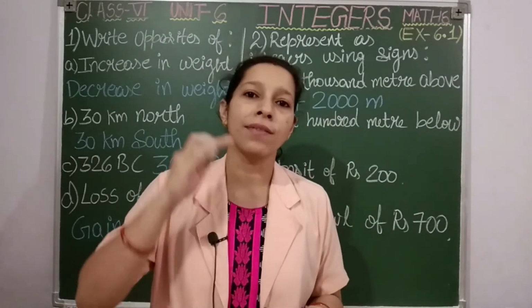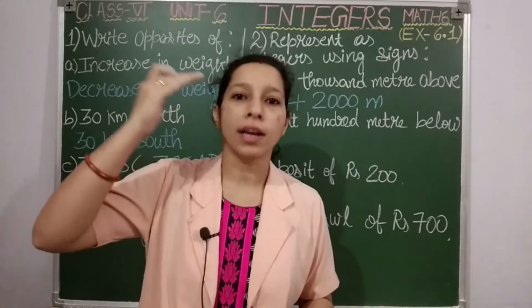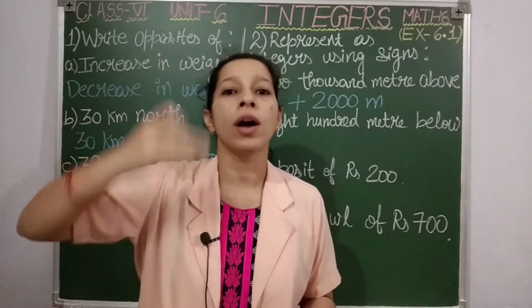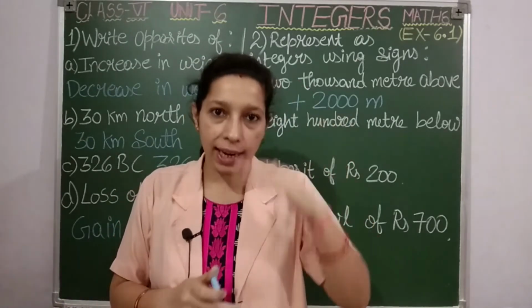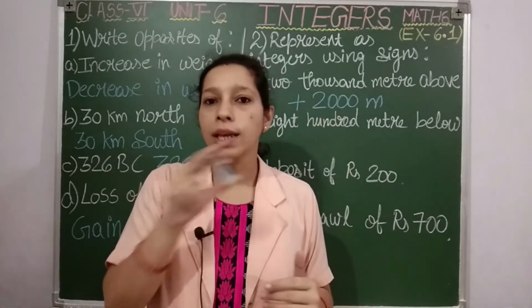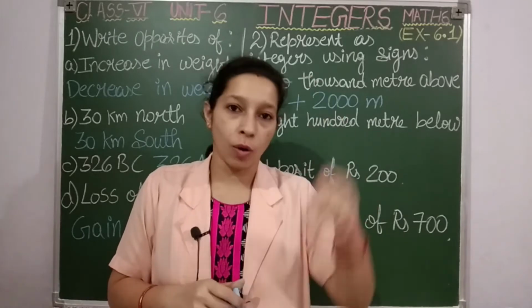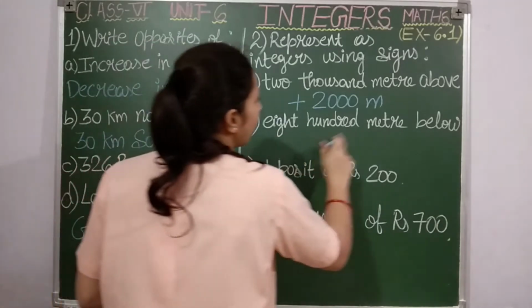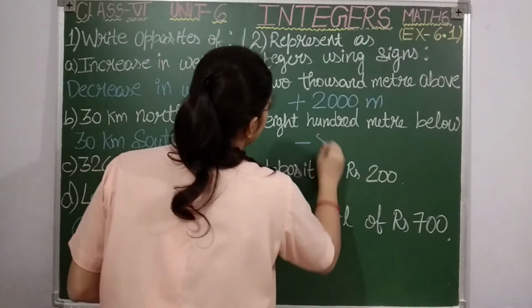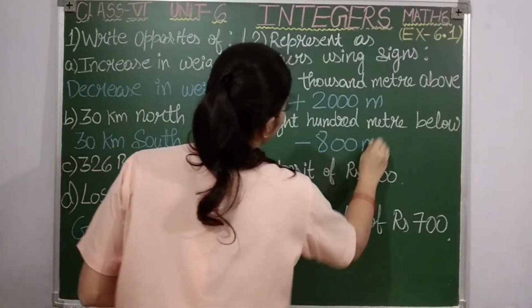Just now I told you, whenever something has increase or it goes up or it rises or it goes above, you use plus sign. In the same manner, if something decreases, the decrease we show using negative sign, or if something is below, it is going down, then again you will be using the negative sign. So as 800 meter below it is saying, I will write it as minus 800 meters.